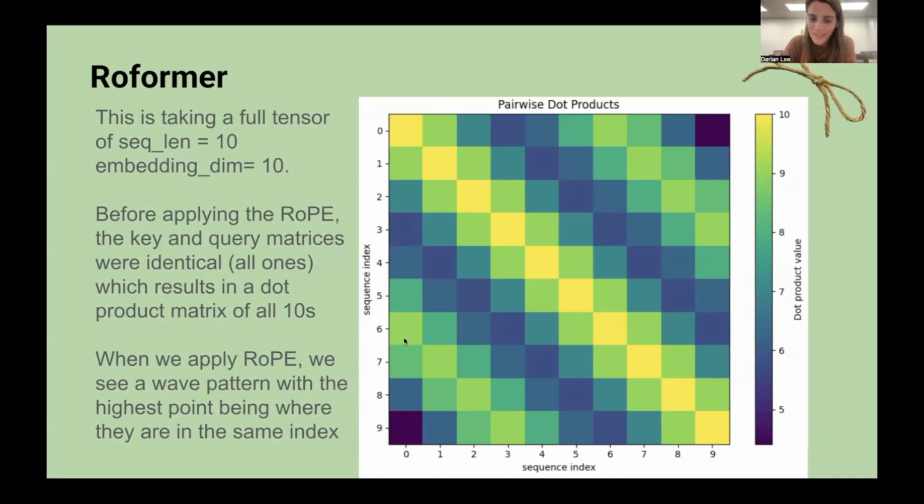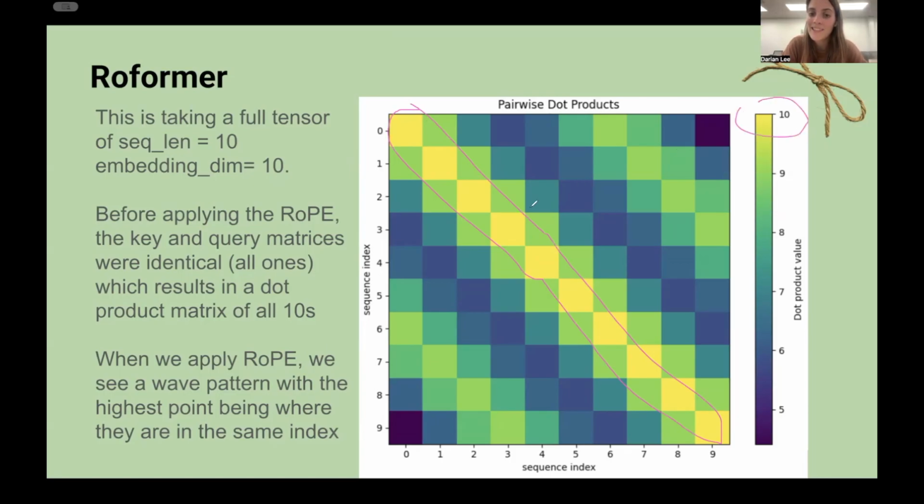However, after we apply RoPE, if the intuition that we discussed earlier was correct, we would expect the dot product to stay high in all the areas where the positions are close together. So all these middle indexes, which is true, it is very high, it is the highest value here.